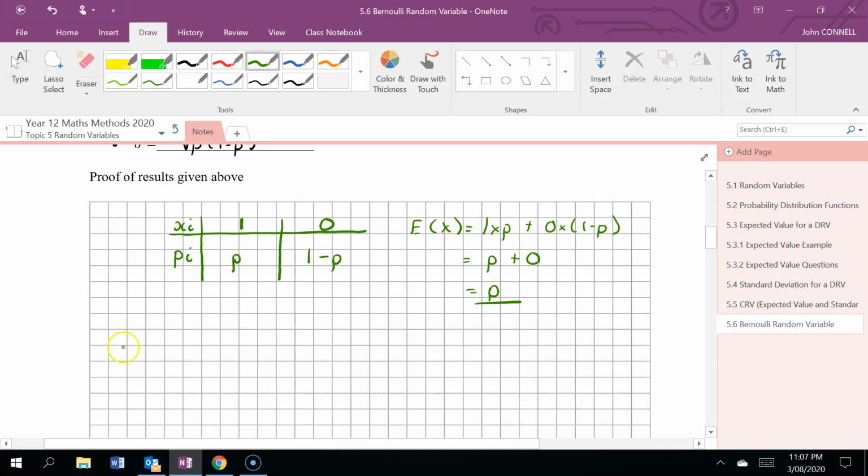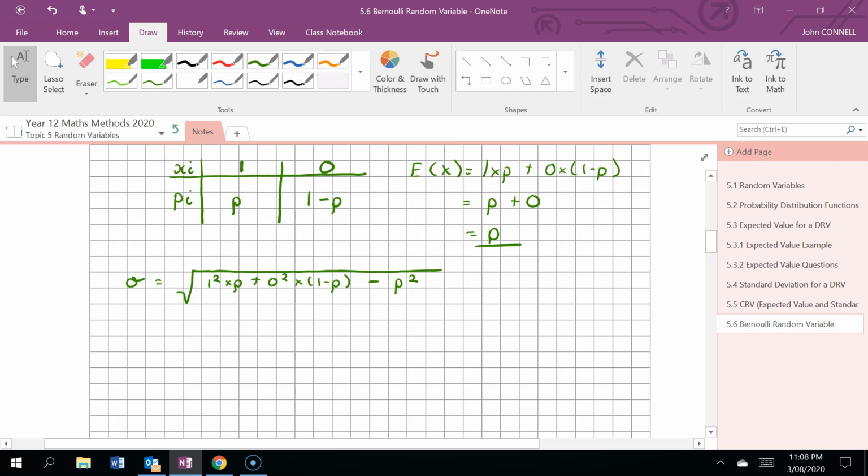Now for the standard deviation, I'm going to do it as the sum of the values squared, so it's 1 squared times P plus 0 squared times 1 take P, and then we take away the mean squared, so we take away P squared. So it's the square root of 1 squared times P, which is just P, plus 0 squared times 1 take P, which is just 0, and then take away P squared.